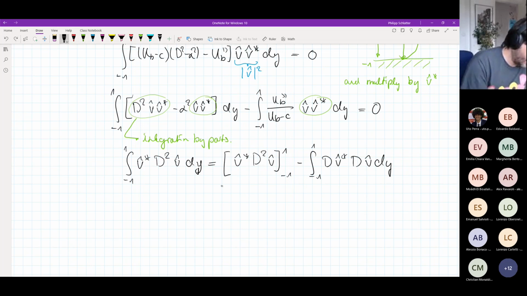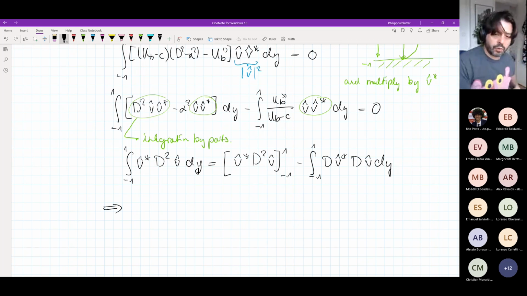And the boundary terms fall out, because we know that the velocity V hat star at the boundary is actually 0.